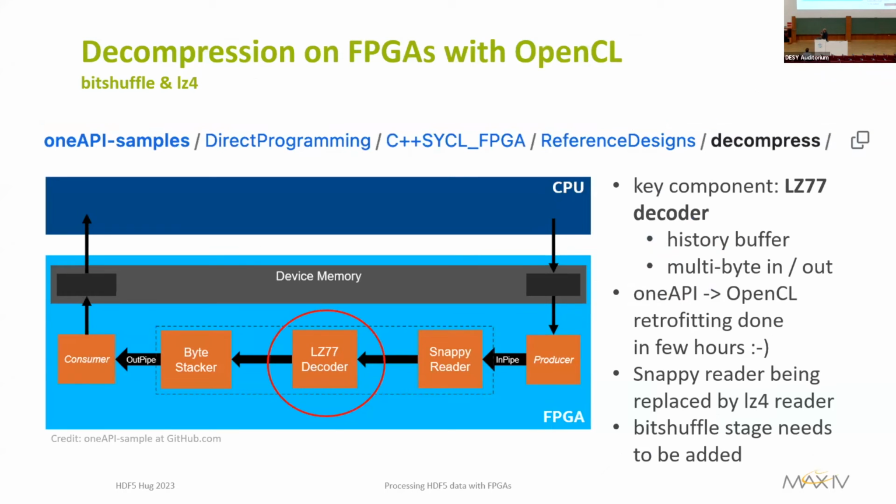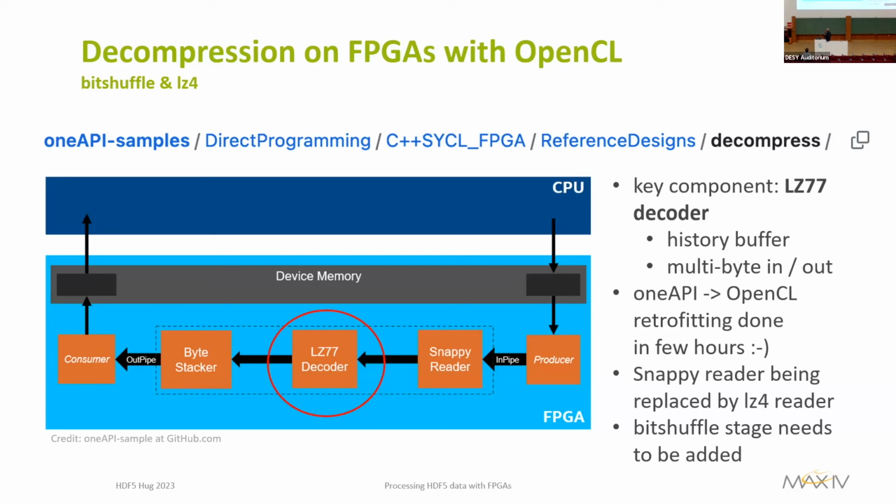Now I have only a few slides about decompression, which is still not finished. But there is progress on this large one because, as I was saying, I'm using OpenCL with the cards from Intel.